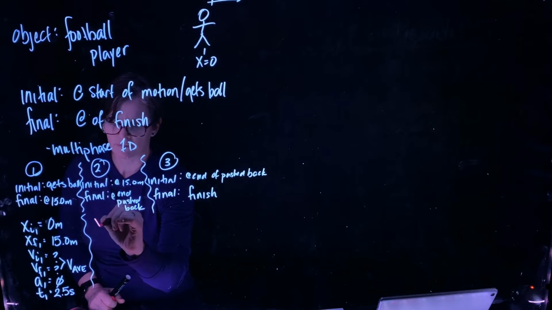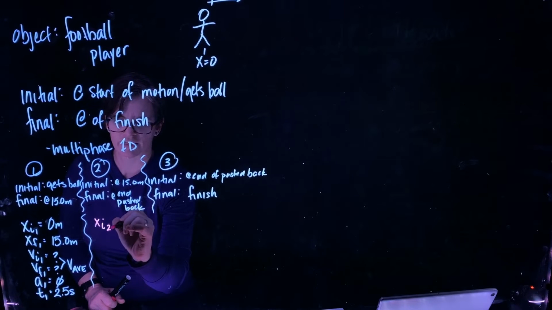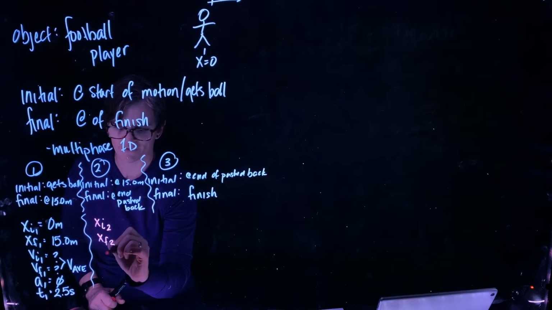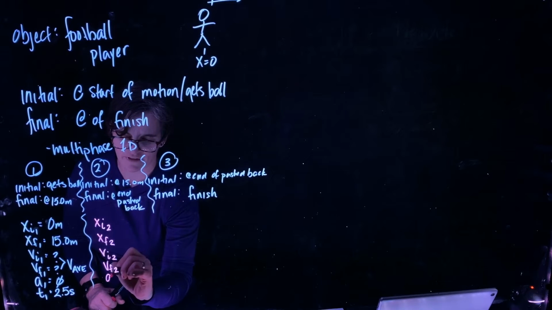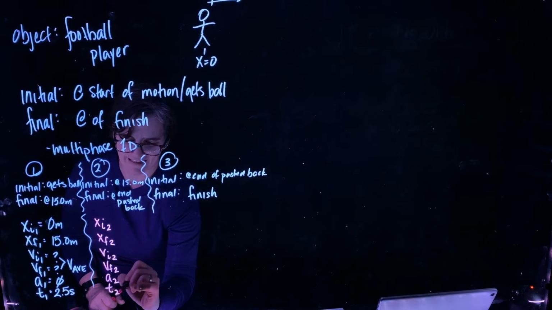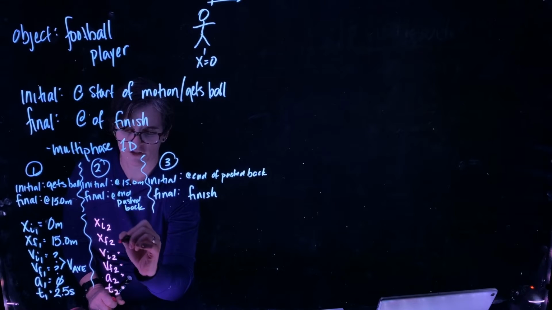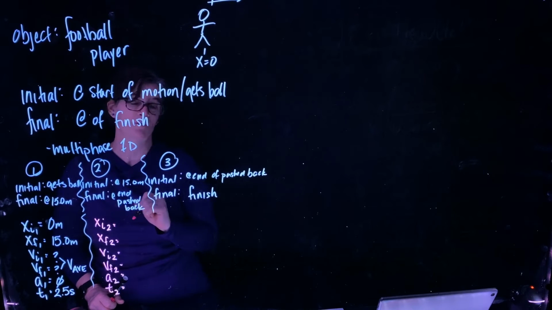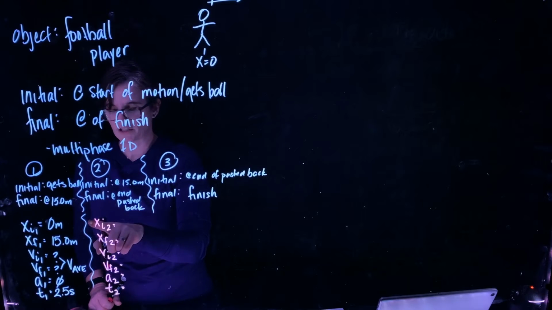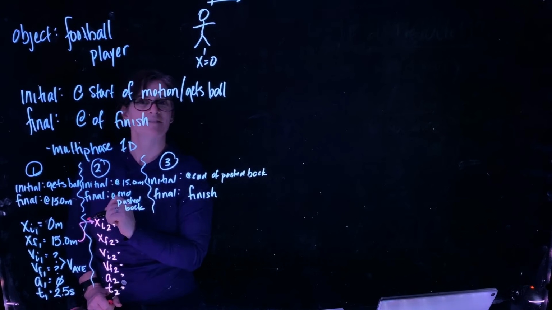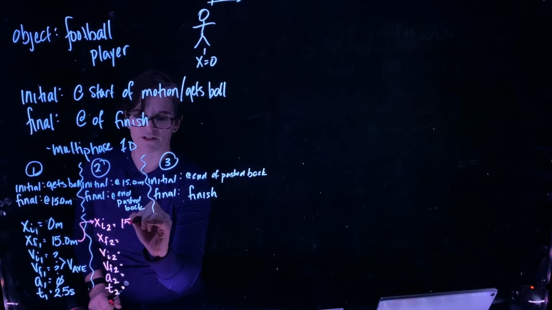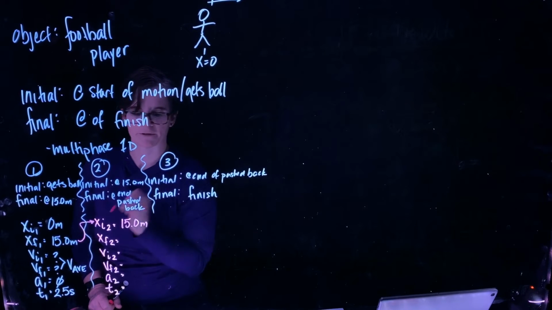Well, I have an initial position, final position, initial velocity, final velocity, acceleration, and time, all for phase 2, using the subscript 2. My initial position for phase 2 is my final position from phase 1, so he starts at 15.0 meters.